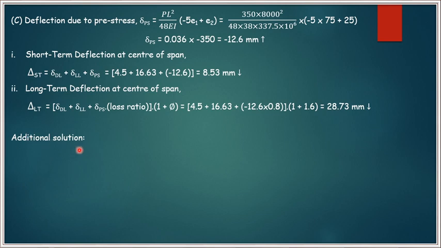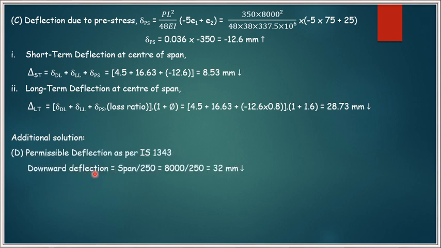Additional part of the solution: as per IS 1343, permissible deflection. Downward deflection should be span divided by 250. So span is 8000, so it should be 32 mm, which is well within the permissible limit.